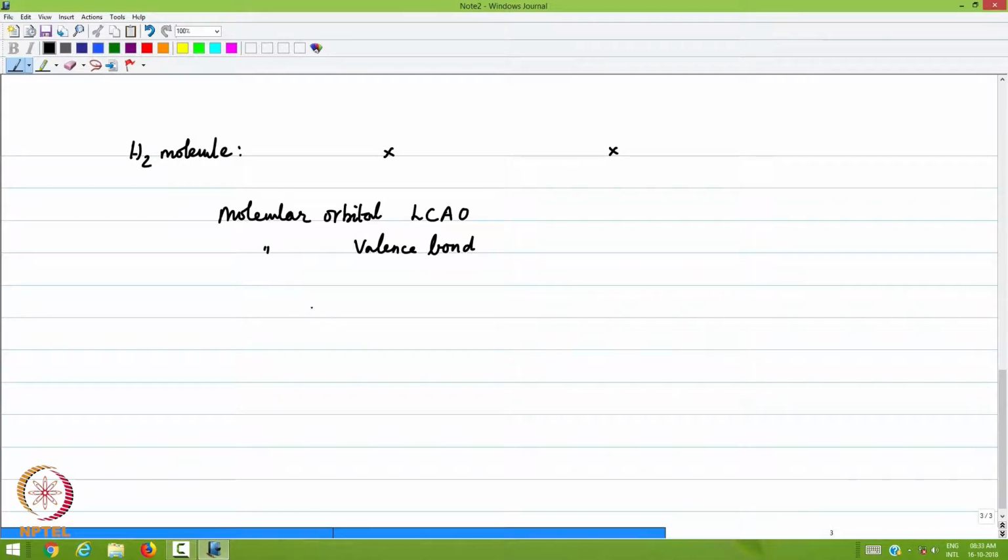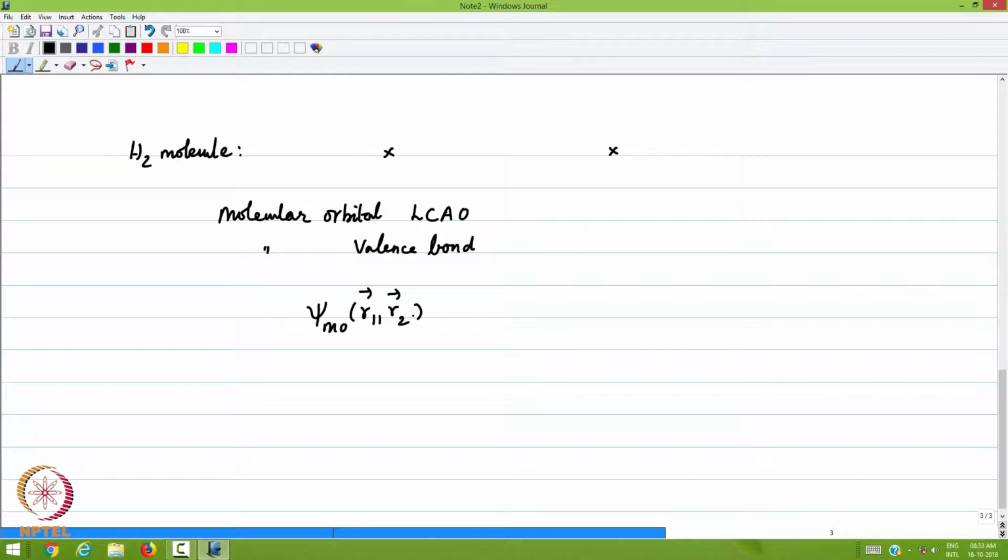The wave function psi MO, if you recall, is a function of the positions, the coordinates R1 and R2 of the two electrons.